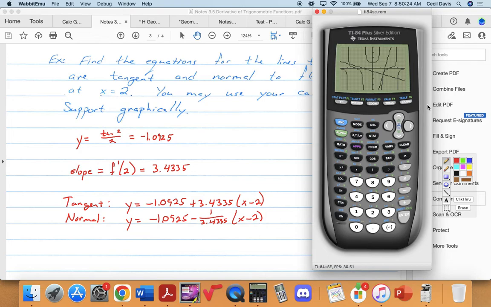One of the nice things is when you do a zoom trig, it is a square viewing window. In other words, if you were to actually put the grid lines in there, your boxes would be squares. If you do a zoom standard, your boxes are rectangles because the screen is wider than it is tall, but it goes from negative 10 to 10 on the x and negative 10 to 10 on the y. And so it's distorted. And so sometimes if you're trying to look at a normal, you're like, that doesn't look like it's perpendicular to the tangent.